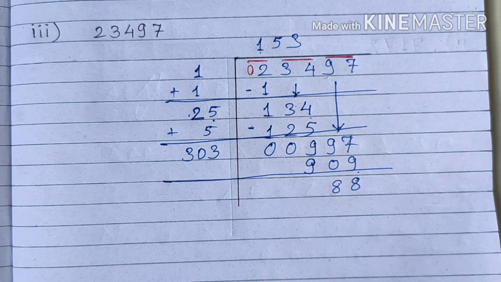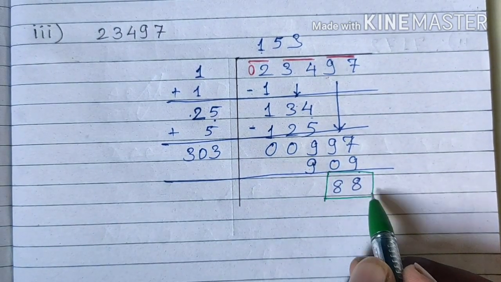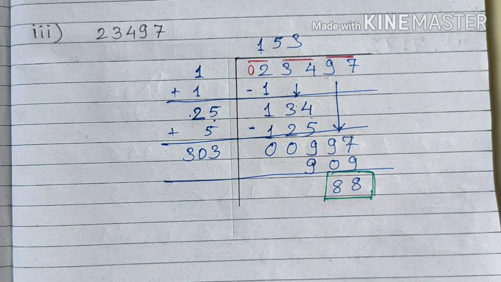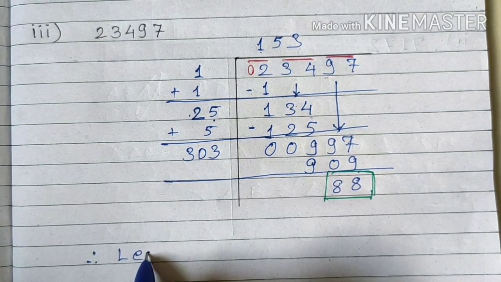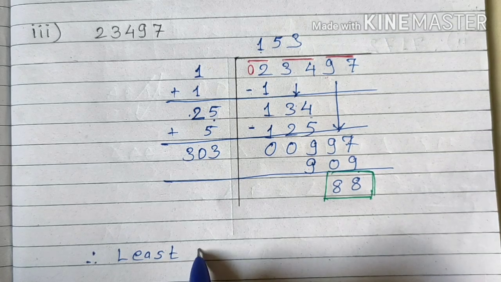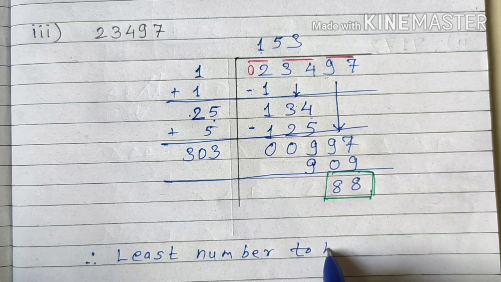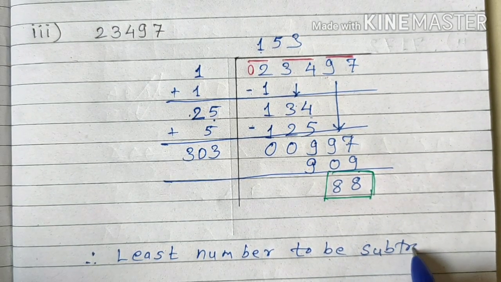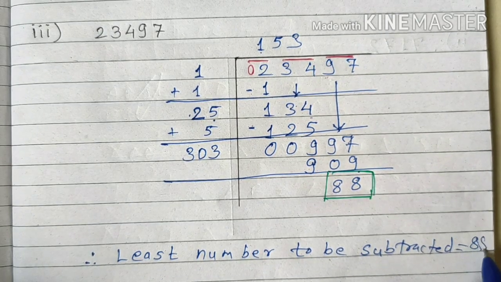So students, what will be our final answer? In this case of subtraction, the remainder 88 will be the final answer. So at the end we can write: least number to be subtracted is 88.